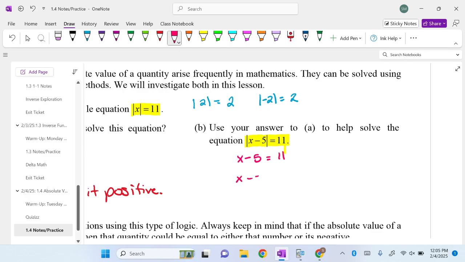And then for x minus 5, what's the other number it could be? Negative 11. So you take whatever it's equal to and separate it into the expression without the absolute value sign equal to the positive number and then equal to the negative number. And then you solve. For these, you would just add 5 to both sides.